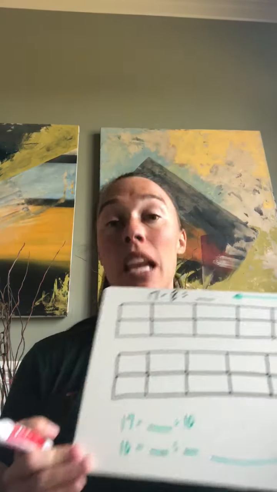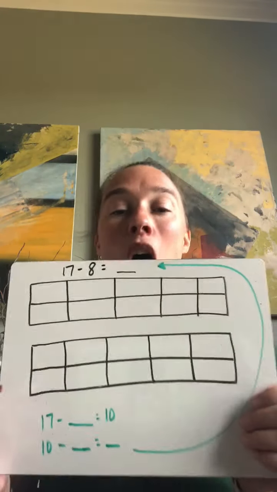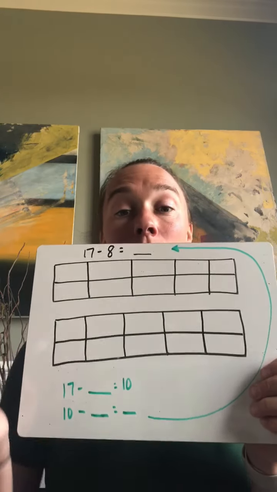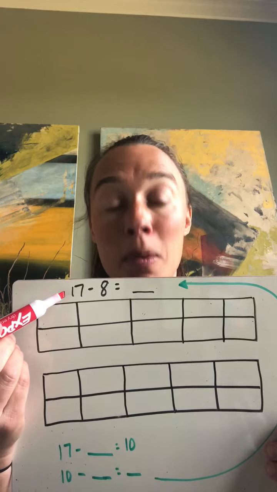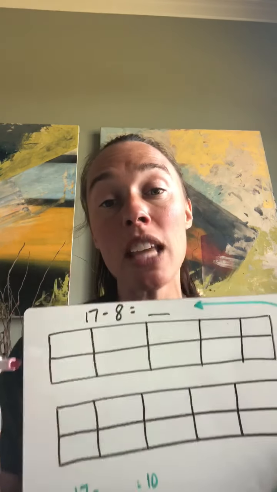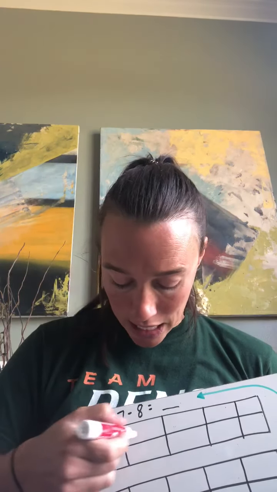Okay? Now, let's try one more, and this time we're going to try base 10 frames, not base 10, 10 frames. Okay, are you ready? Now, what is the problem that we're going to solve? The problem is 17 minus 8. So the first thing I need to do is I need to get 17 counters.